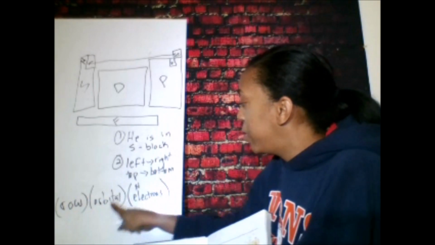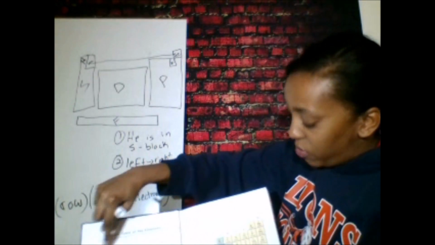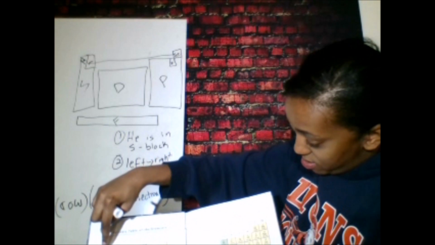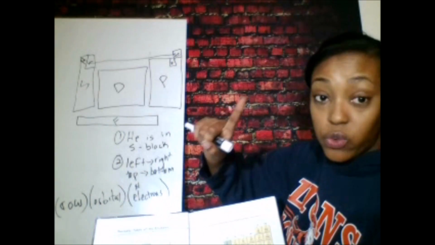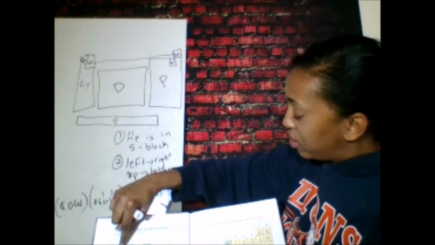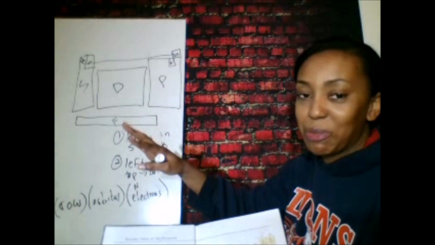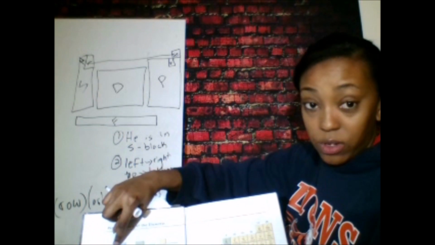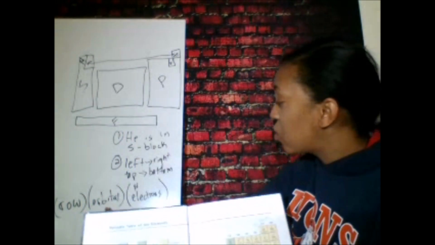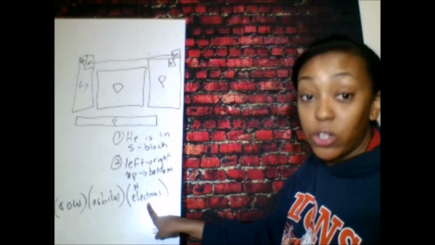So row, orbital, number of electrons. So first row, s orbital, 1s2. Excuse me, I said that wrong. The first row, s orbital, it's got 2 electrons.